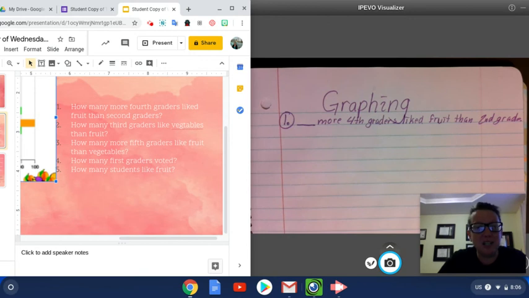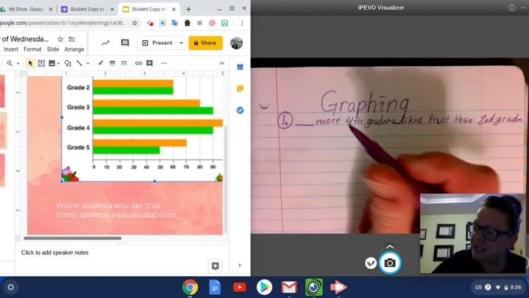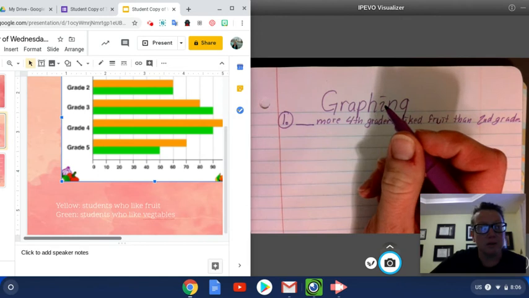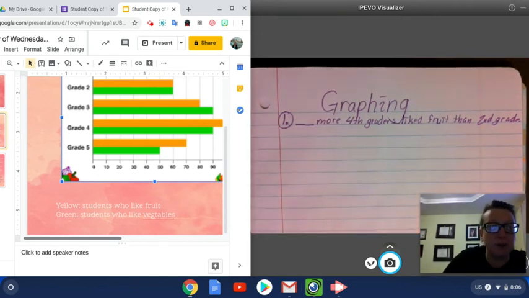And then I just have to go look at the graph for my information. So we're looking at fourth graders that like fruit and second graders. So we need to look. Yellow or the orange one are the ones that like fruit.